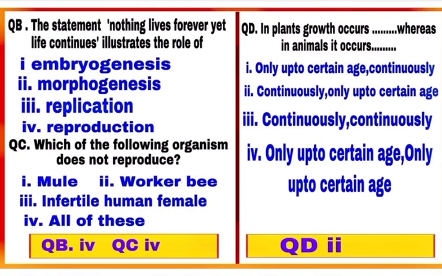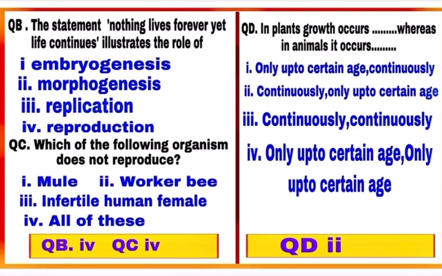Question B. The statement 'nothing lives forever yet life continues' illustrates the role of? This statement illustrates the role of reproduction, which is the formation of new individuals of the similar kind. So, correct answer is 4, mark 4.